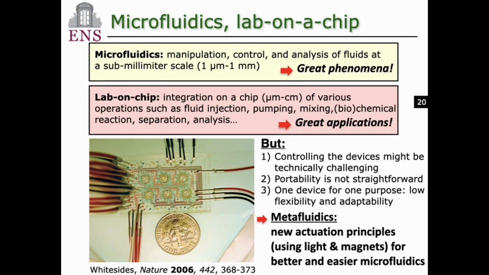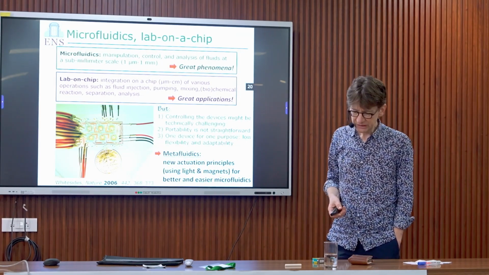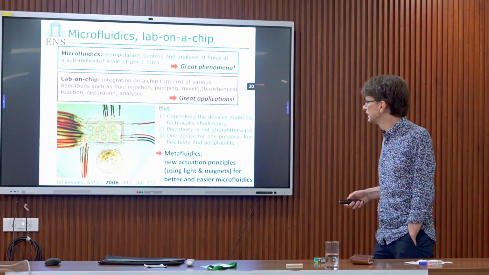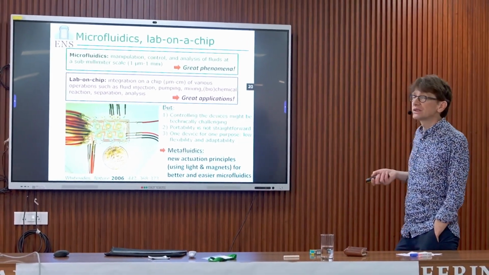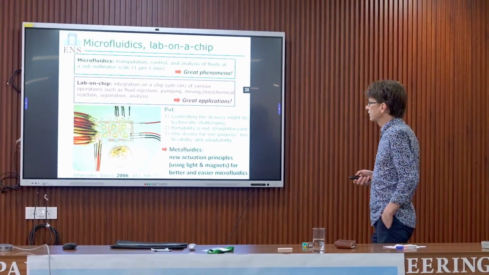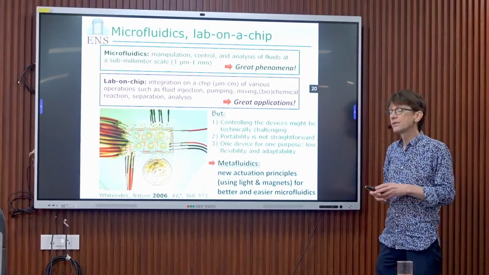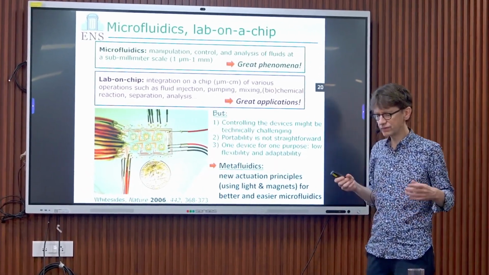So I was interested when I started this adventure of microfluidics, when it was beginning in the 2000s. It was the beginning of microfluidics. I was interested to see if we could imagine some new actuation principles, using these two stimuli, lights and magnets, where we could manipulate these fluids.